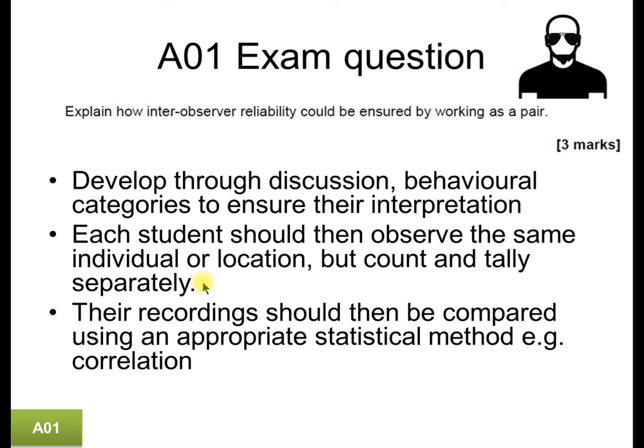Their recordings, I mean their tallies, should then be compared using an appropriate statistical method, e.g. correlational analysis, specifically Spearman's rank. If the correlation coefficient is high, this suggests that the observation has high inter-observer reliability. So that's the sort of content I'd expect you to write for a 3-marker here. Very nice, easy question to dust off.